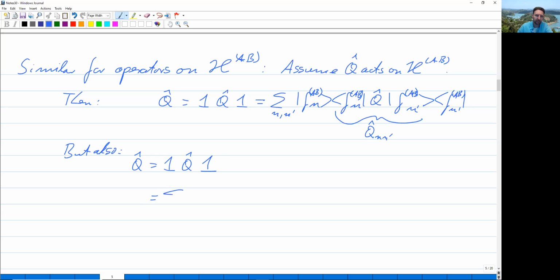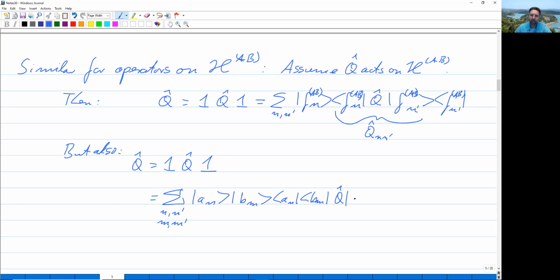This will then be the sum over n and n prime, m and m prime. And then we have an and bm, and I'm dropping the tensor product symbols now, and then an bm, that's the first resolution of the identity, the one on the left.